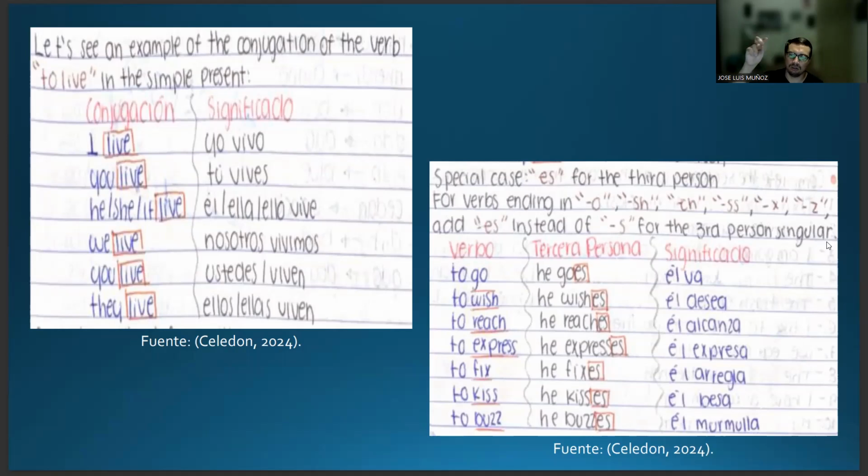If you already have the vowel, you add only an S. Like that. There are more examples, you know. So here you have the verb to go, he goes, to wish, he wishes, to reach, he reaches, to express, he expresses, to fix, he fixes, to kiss, he kisses, to buzz, he buzzes.